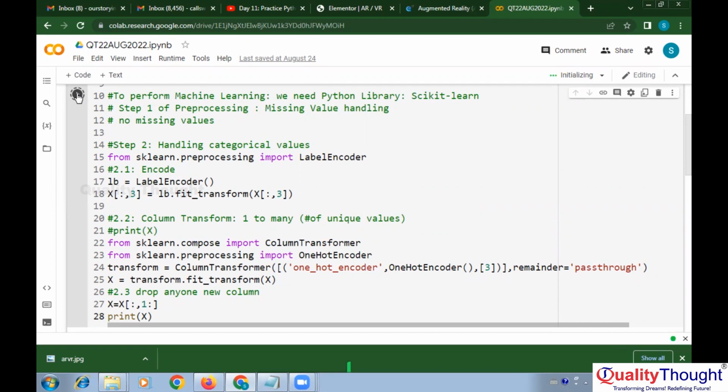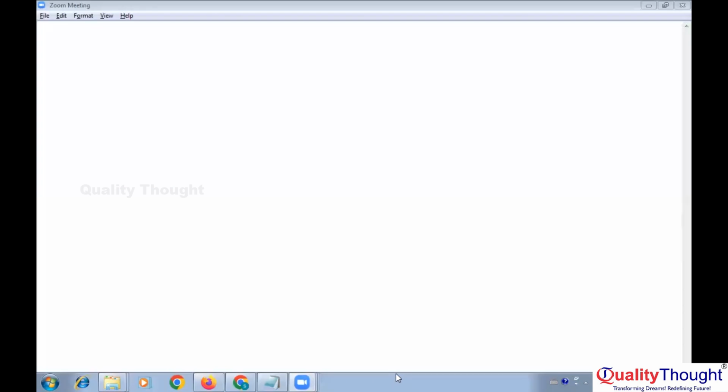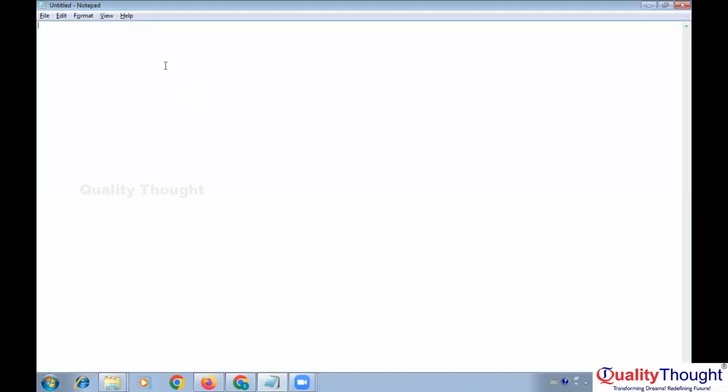Mostly we talk about regression, classification, and what is the third one?